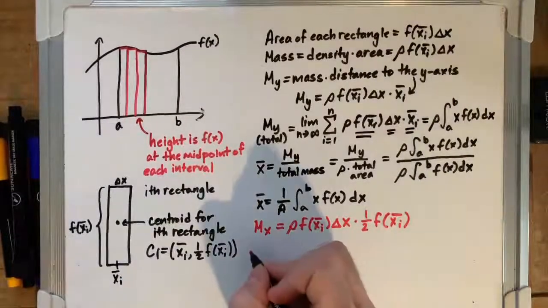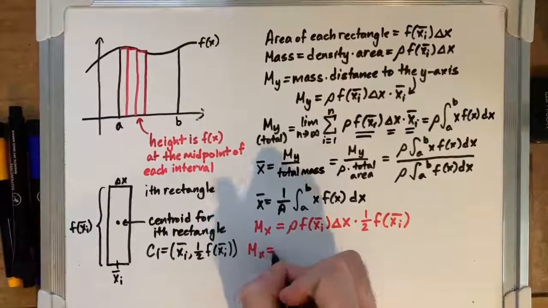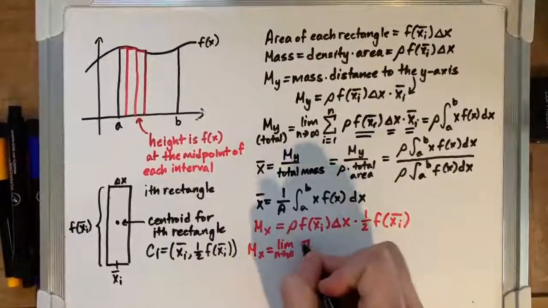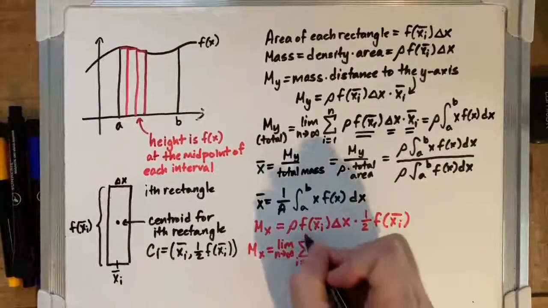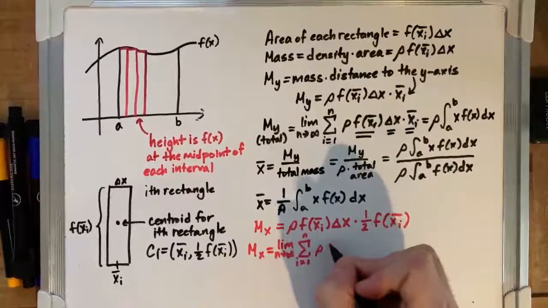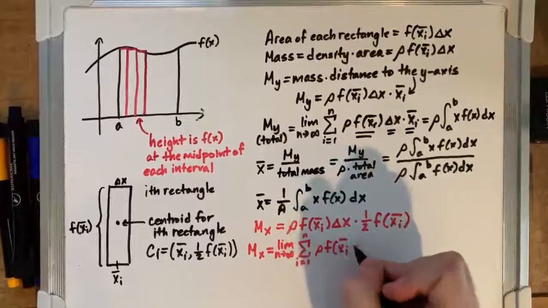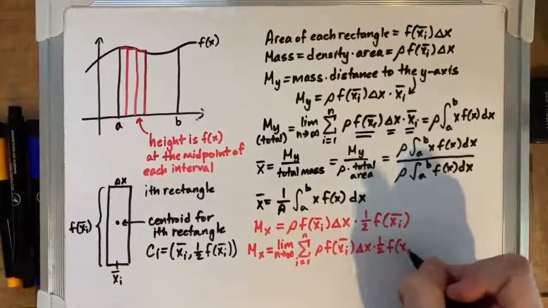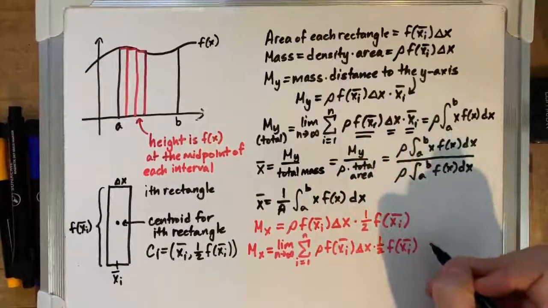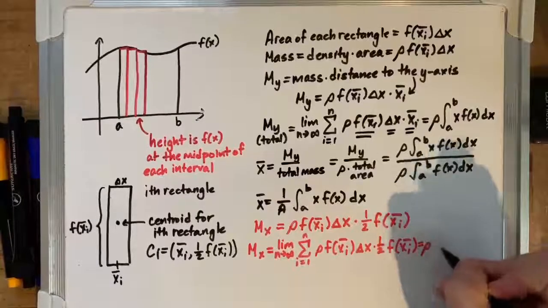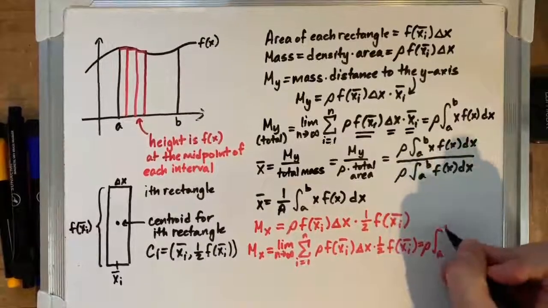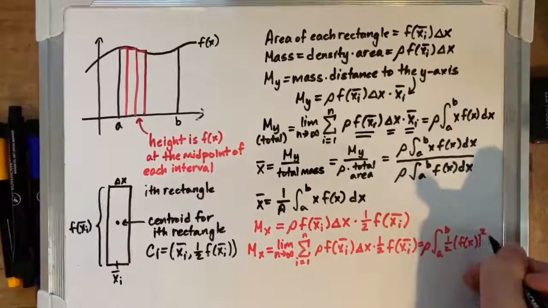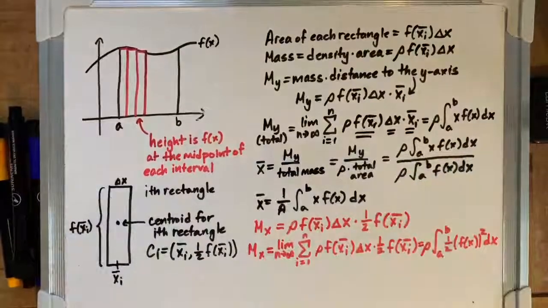Okay, so again, same kind of thing to get the sum. We're going to do the limit as n goes to infinity. We're going to sum this up from 1 to n. All of this good stuff that we have right here. And what you get out of this is the density times the integral of 1/2 f of x squared dx.